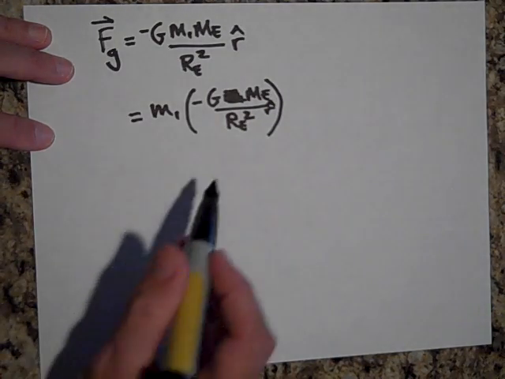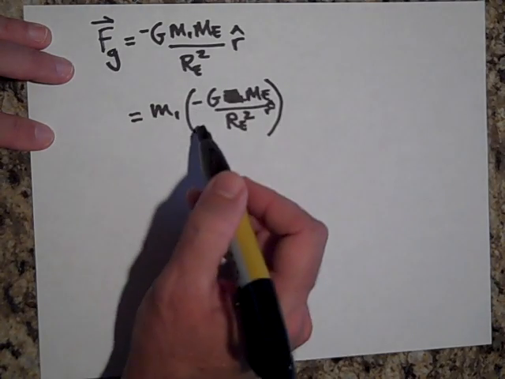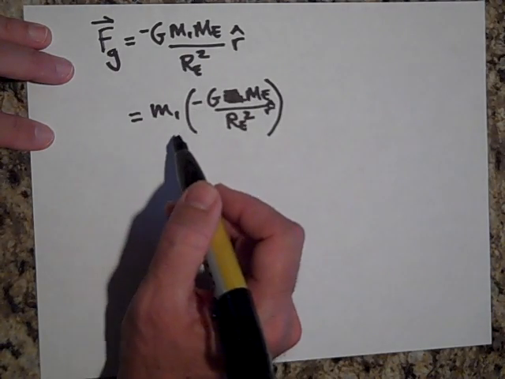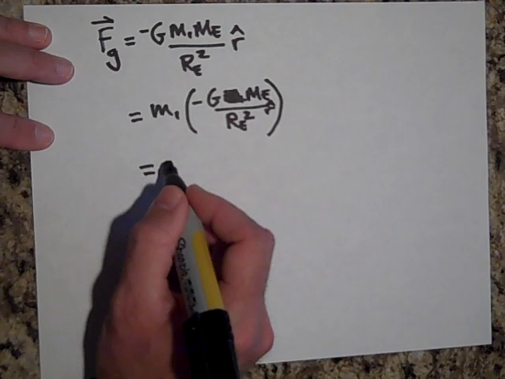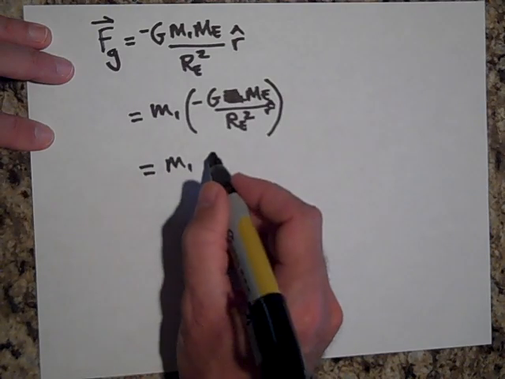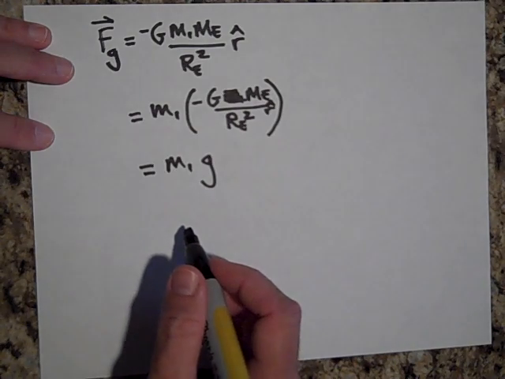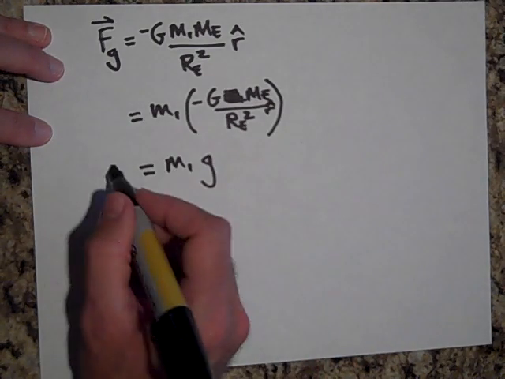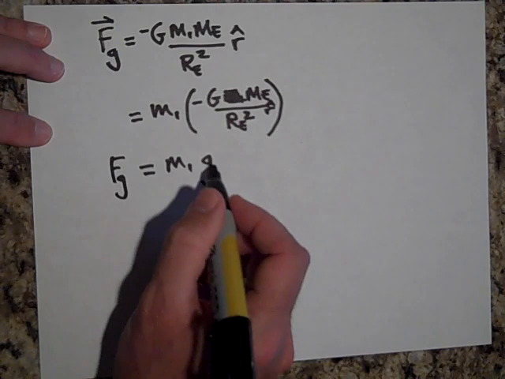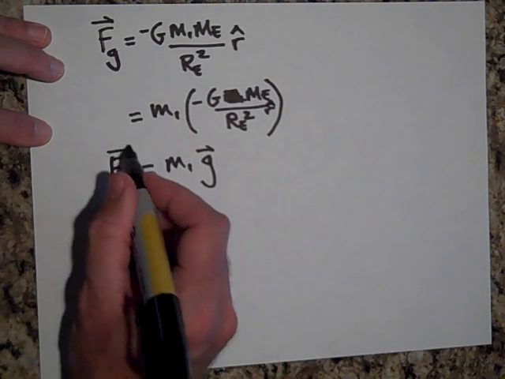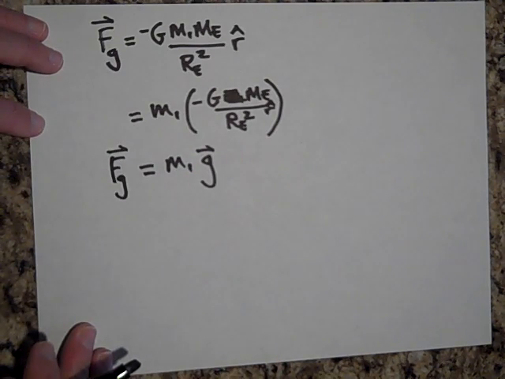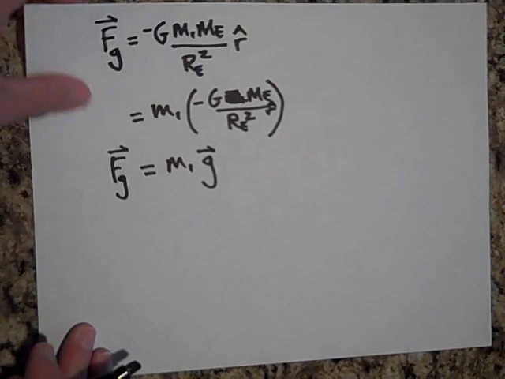Then you'll see that the thing in the parentheses is lowercase g. That's the acceleration due to gravity. So that just turns into m1 times g, since this is lowercase g, the acceleration due to gravity, or the gravitational field strength, sometimes we call that. Okay, so that one was pretty simple.